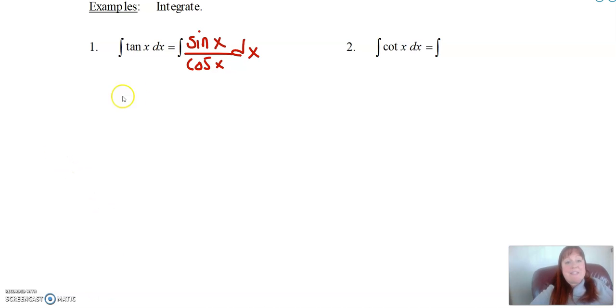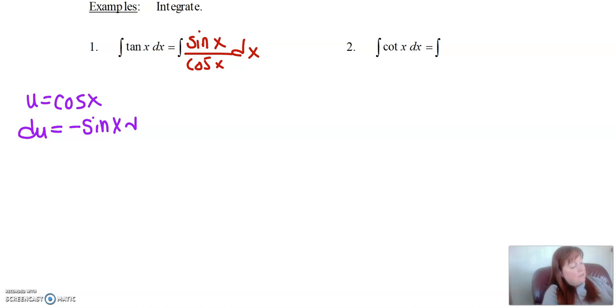Well, I see a function and its derivative in the same integral, which makes me think I should do a U-substitution, okay? So if I do a U-substitution here and I call u cosine x, then the derivative of that is negative sine x dx, which means that dx is equal to du over negative sine x, okay?